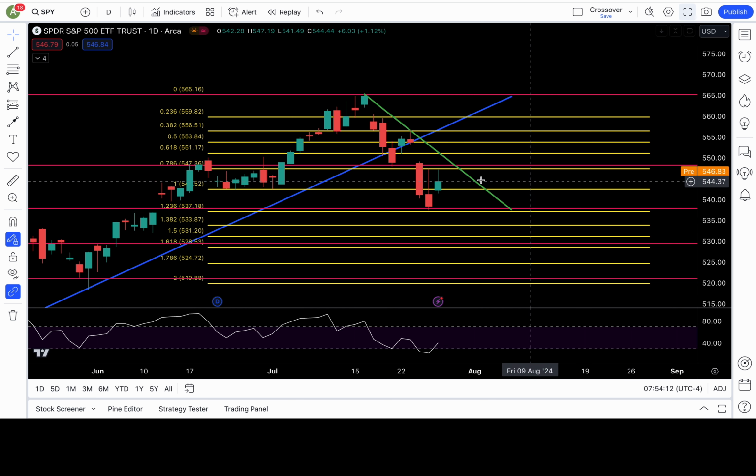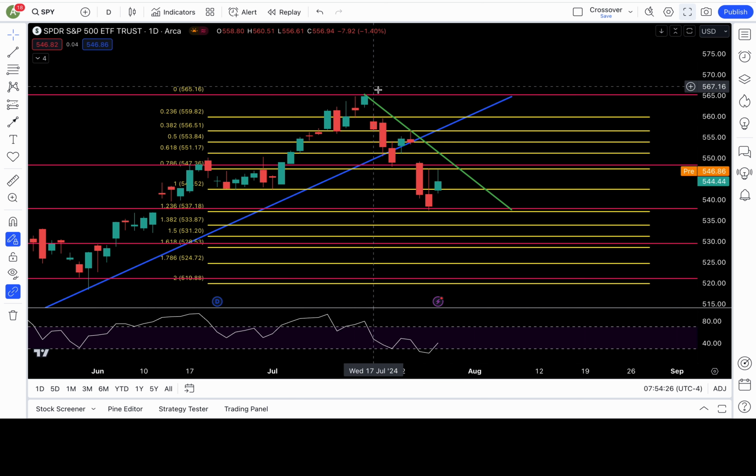I do have two resistance levels, very important levels: 547 and 550. 547 is around the sell zone from last week, with a couple of rejections from there. And based on this green downtrend line, this flag line, based on the flag pattern, recapturing 550 is a must.